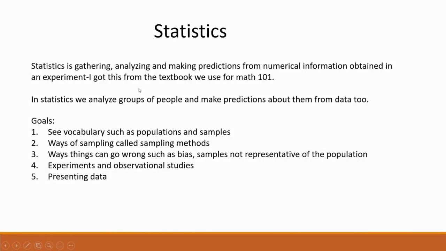Okay. So here in chapter 10, we're looking at statistics. Now, what is statistics? Basically, that's when you gather, analyze, and make predictions using numerical information. I said here obtained in an experiment, but it's going to be obtained in an experiment or an observational study where you're analyzing a group of people, or a group of objects, I should say.